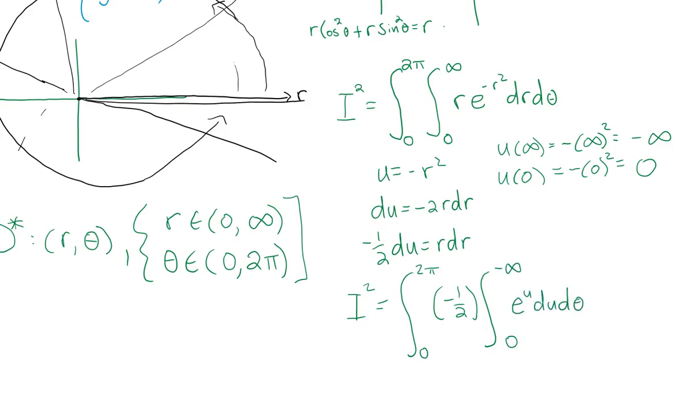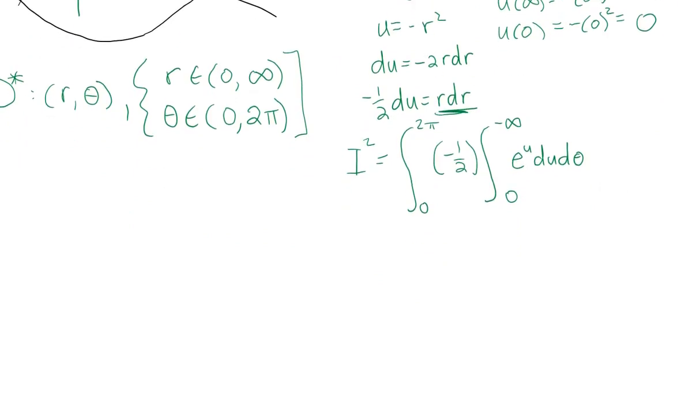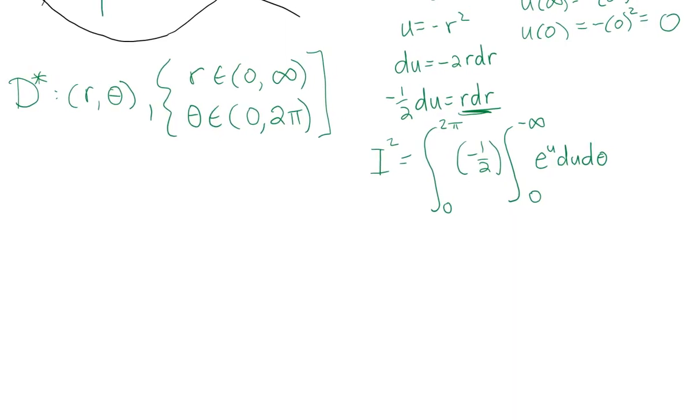And notice our r went away because we had our r dr there. Now we have a negative which we can get rid of by flipping the bounds of integration. So I'll rewrite it over here on the left hand side.